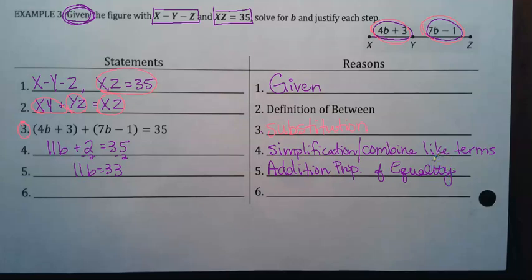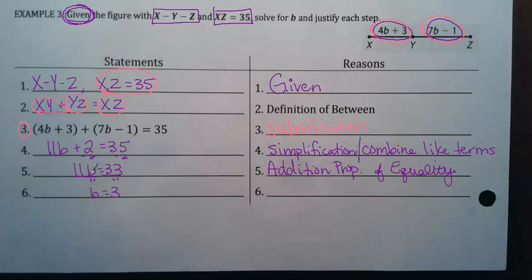All right, then what would we do to solve? Well, we would divide by 11. Again, you don't have to show these steps in a proof because you're doing all the reasons. I'm just showing it to you so you can see we balanced it. So then we get b equals 3. And what property did we just apply when we divided by 11?